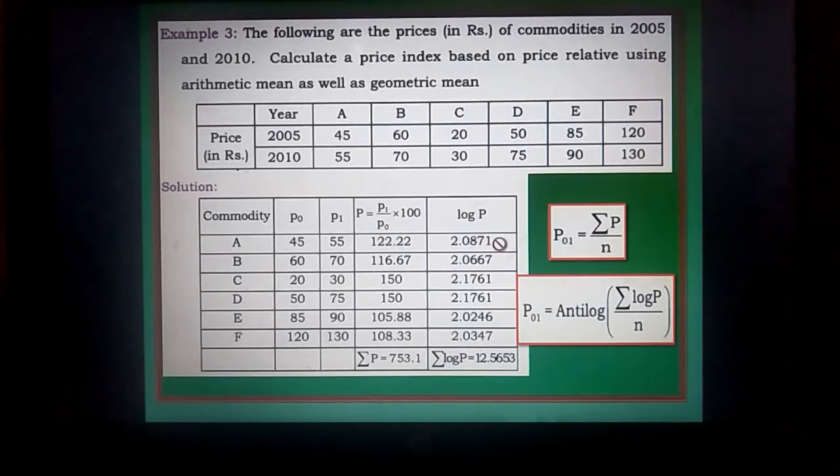You know already how to calculate logarithm and antilogarithm values. In the similar way, log of 116.67 will be 2.0667. Similarly, all these P values have been converted to log P values. We want the summation of log P, which turns out to be 12.5653. By substituting in these two formulae, we will come across the final answer.